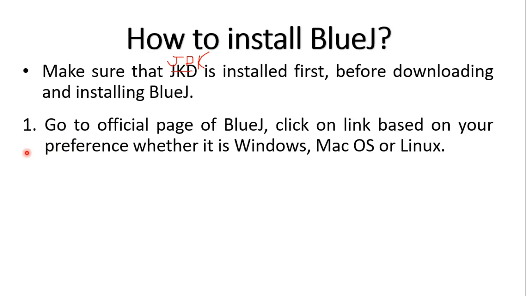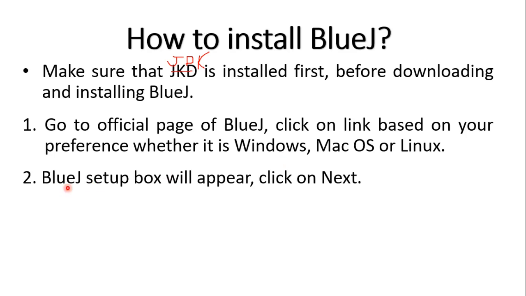All right, the first step, go to the official page of BlueJ and click on the link based on your preference, whether it is Windows, which operating system you're using. You have an option of BlueJ for Windows, BlueJ for Mac, and BlueJ for Linux. So you select that. If you're using Windows, then you have to select for Windows.